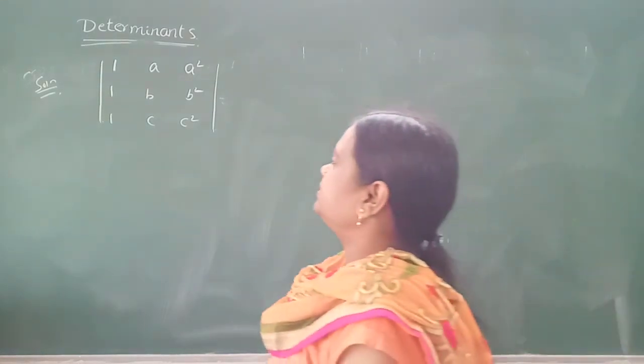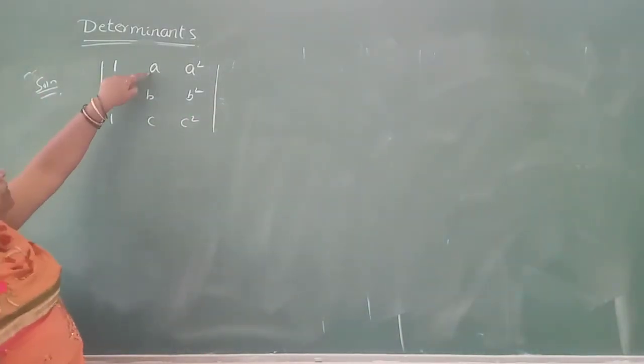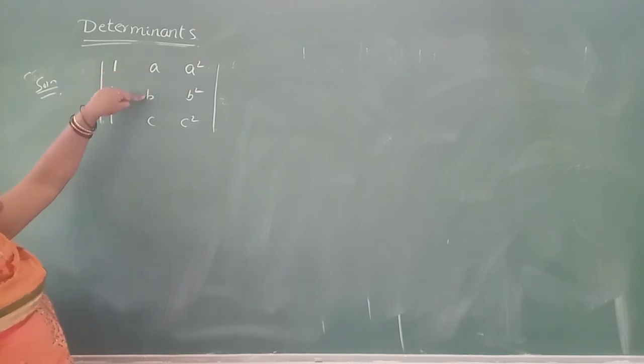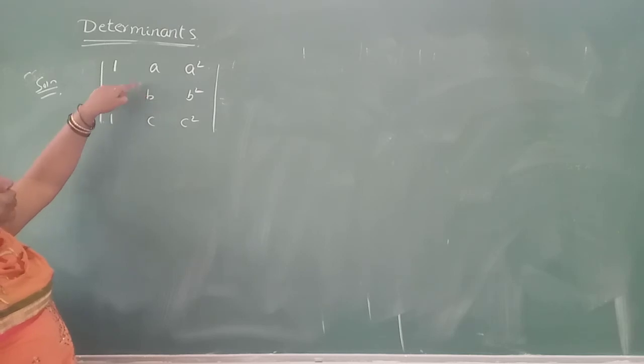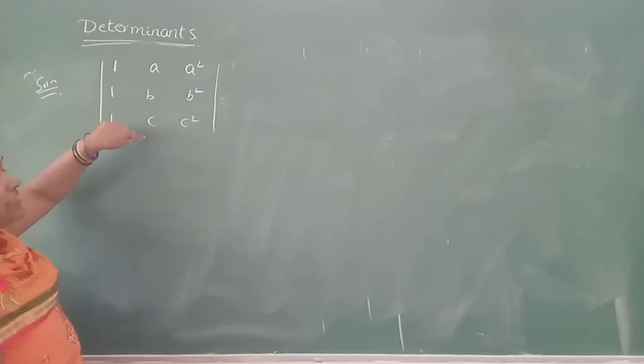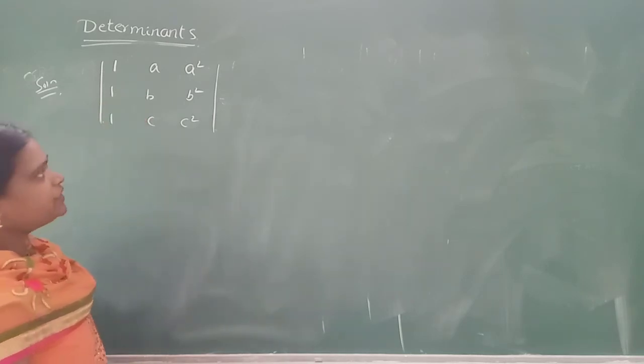For that, we can apply the operation. See, for A minus B, what operation do we get? Row wise. For B minus C, again we get a row wise operation. Understood?